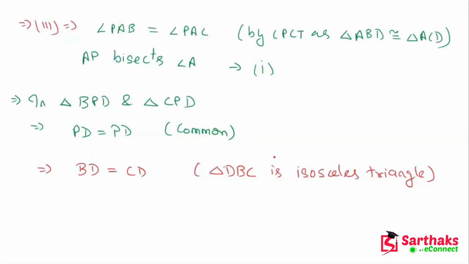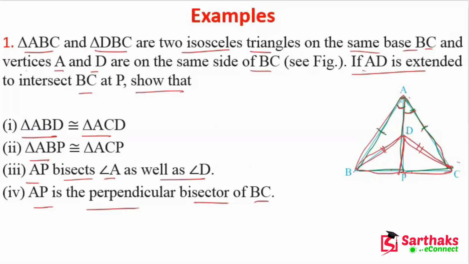Also there is a condition, which is BP is equal to PC, because we know that triangle ABP and triangle ACP are congruent. So by CPCT we can write BP is equal to PC. This condition we are using for proving the congruence of triangles DBP and DCP.